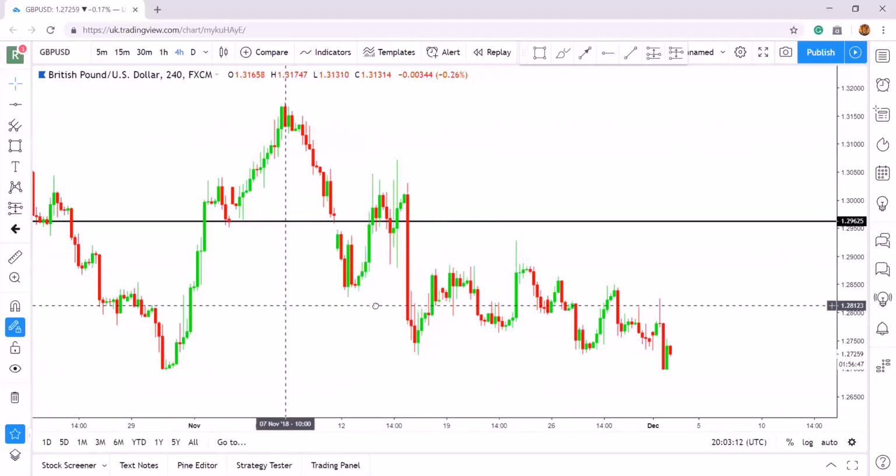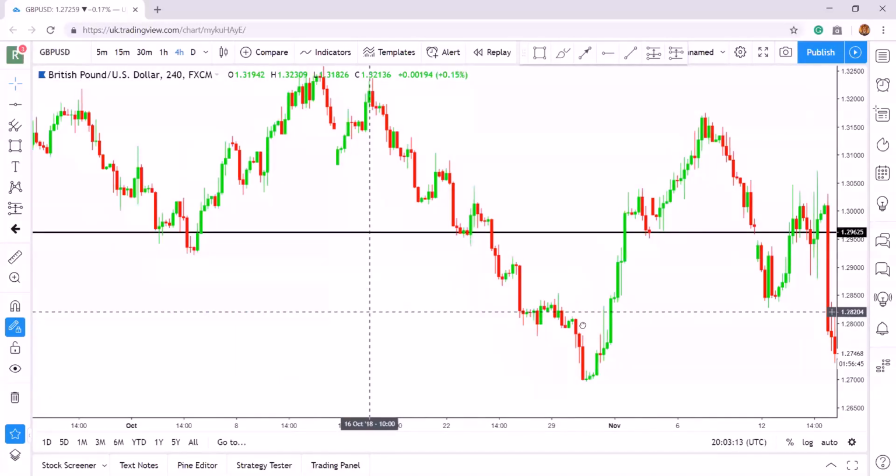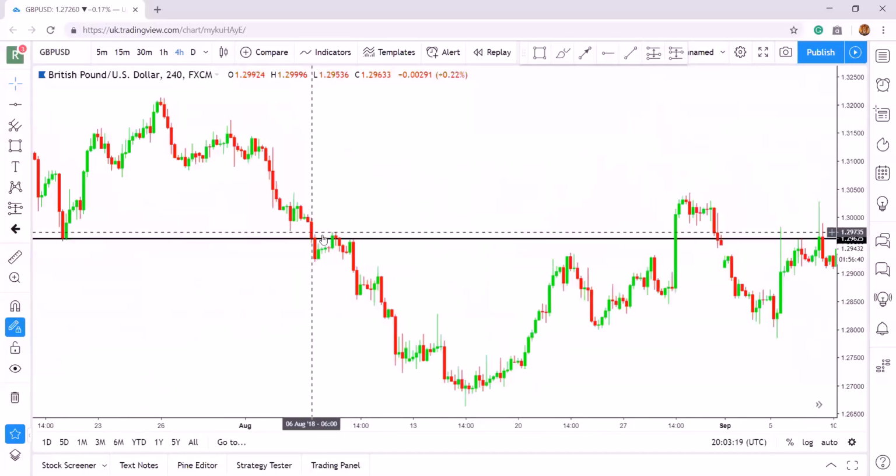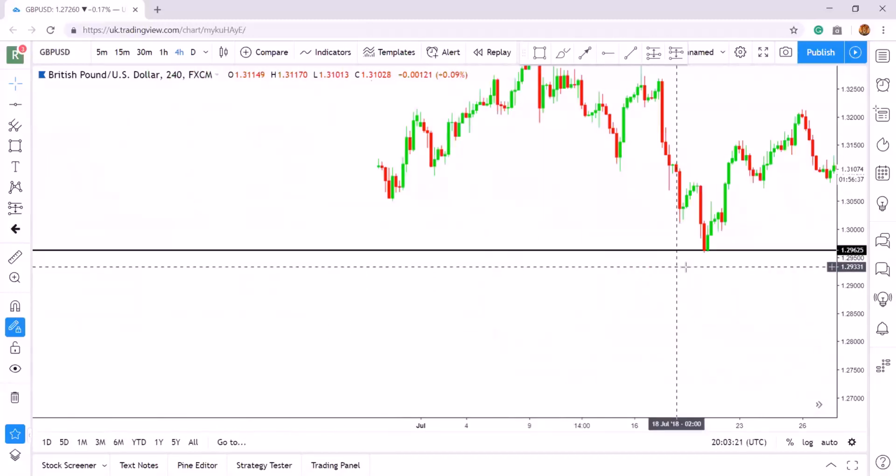Yeah, that's very true. So we see support here, support here, resistance, resistance, support, and so on and so forth.